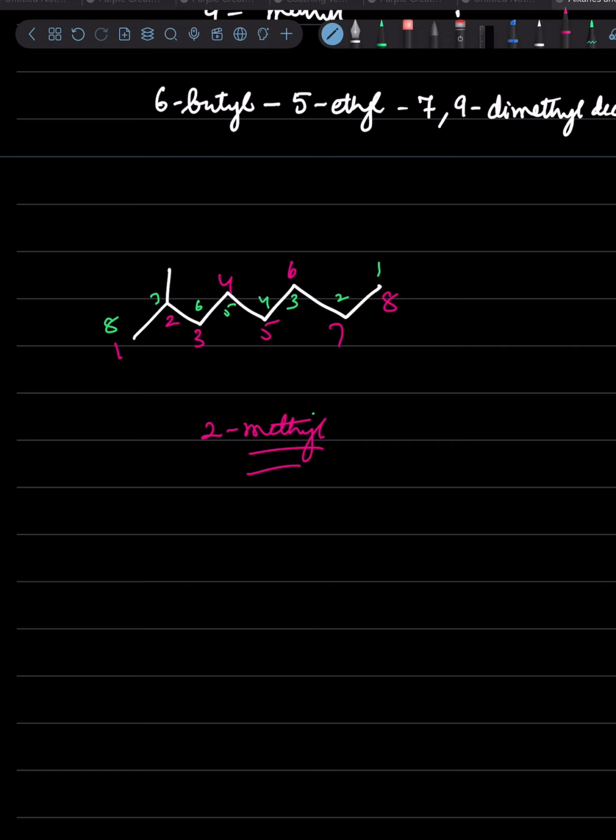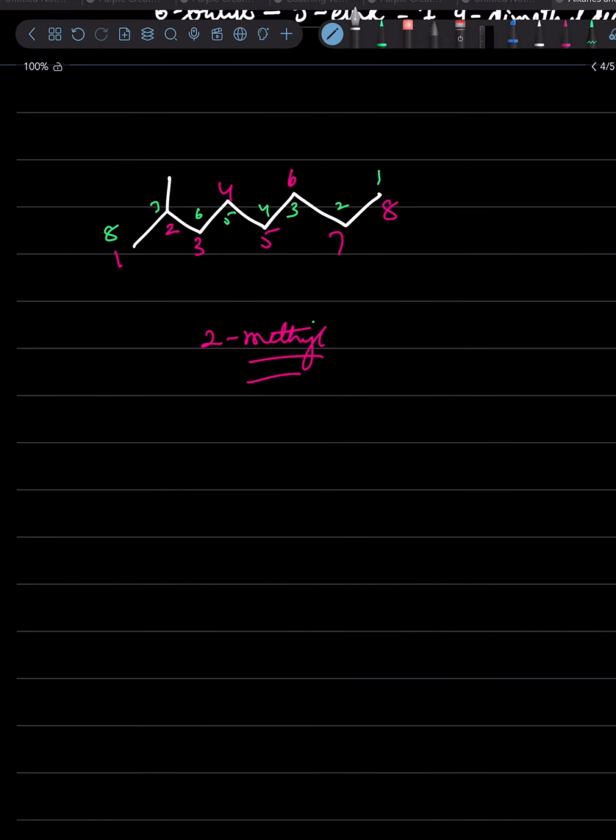Fine. Now suppose I have a molecule like this, wherein I have a methyl group here, a methyl group here, and then a methyl group here. Suppose I start numbering it. What ways can I number it? 1, 2, 3, 4, 5, 6, 7.